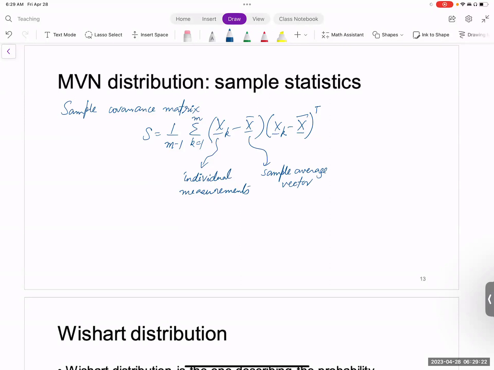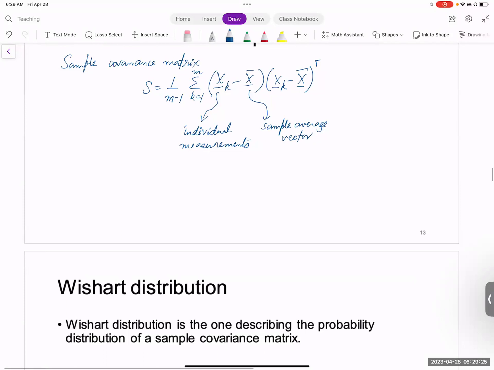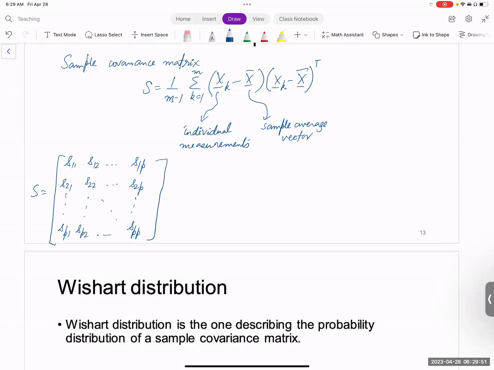And you can write it nicely also. You can just spread this out as S11, S12, up to S1p, S21, S22, up to S2p, all the way up to Spp, Sp1, Sp2. And then instead of doing the matrix calculation, you can in fact just calculate every single element, which is easier in some cases.